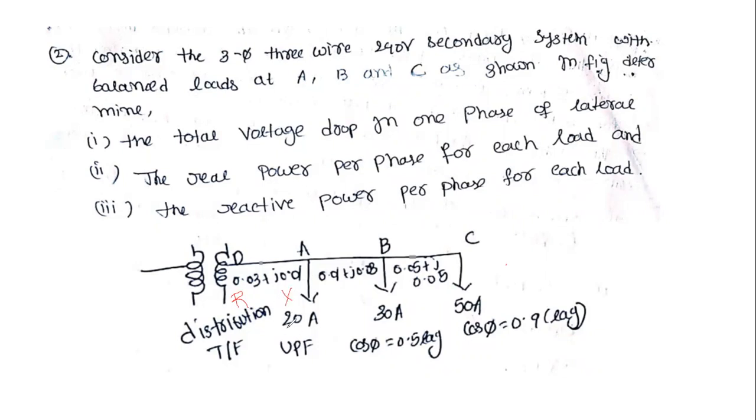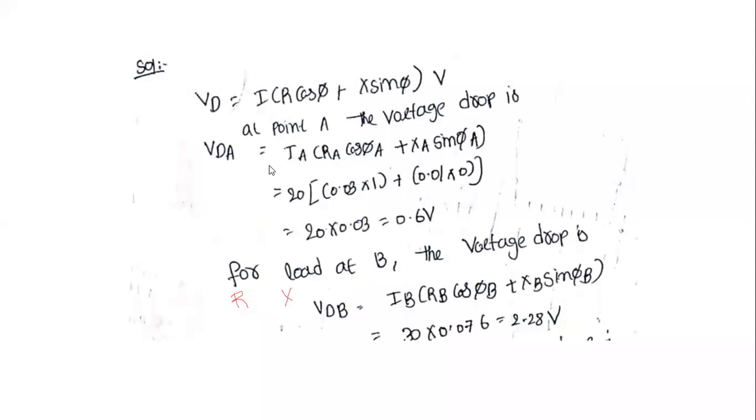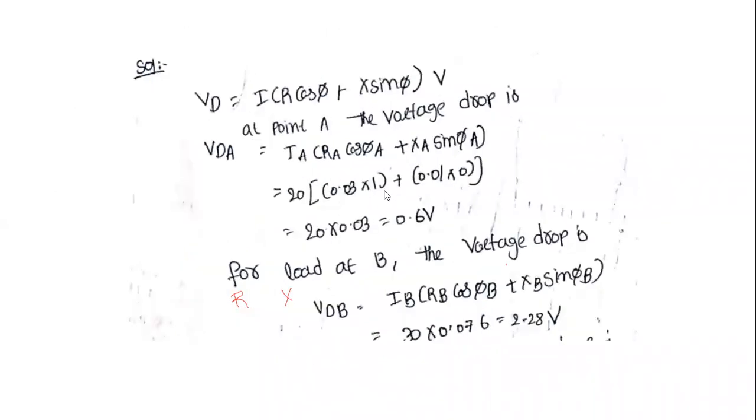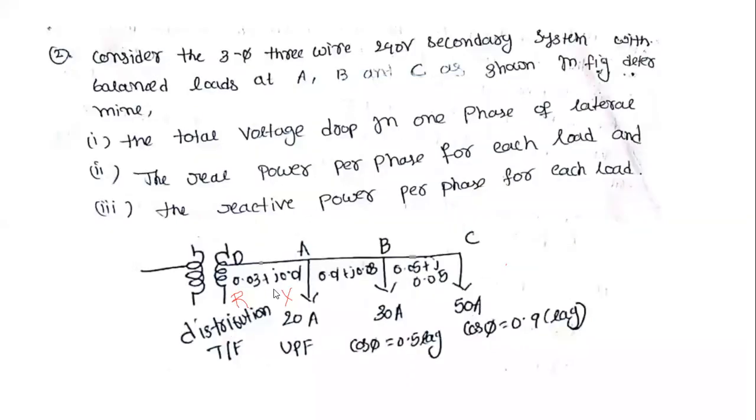Substitute all these values in the equation, that is RA is 0.03 and the power factor. What is the power factor? That is UPF, unity power factor at point A. Then we consider cos phi equal to 1, plus the XA value. What is the X?